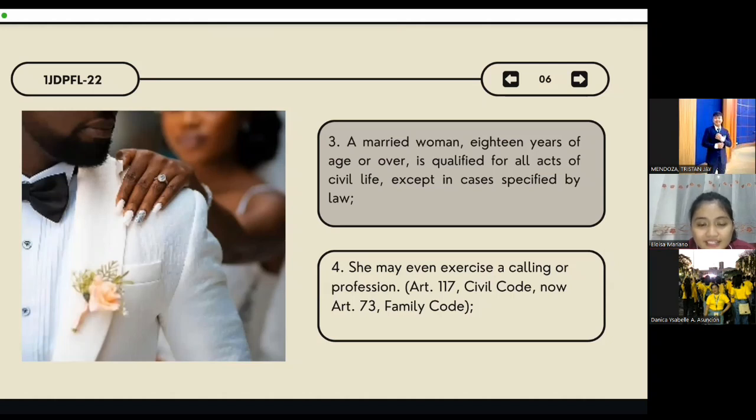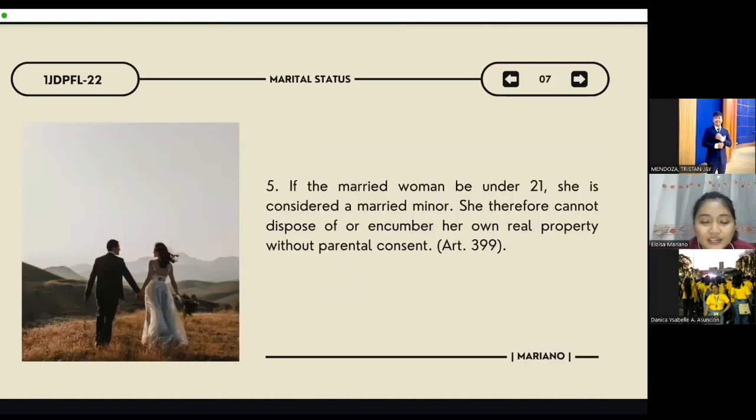Fifth, or the last slide, if the married woman is under 21, she is considered a married minor. She therefore cannot dispose of or encumber her own real property without parental consent. This is according to Article 399: if her husband is the guardian, his consent is needed.